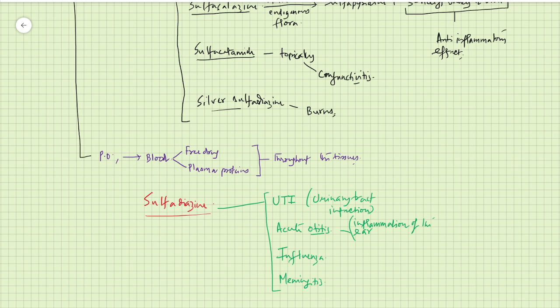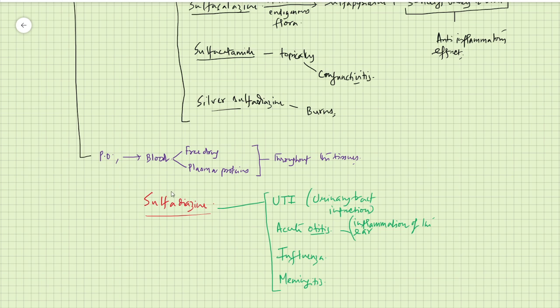So what do we understand? We understand that it is found in the urinary secretion, in the urine. It is found in the fluid in the ear. It's found in the pulmonary system. It is found in the CNS. So what can we infer from this?